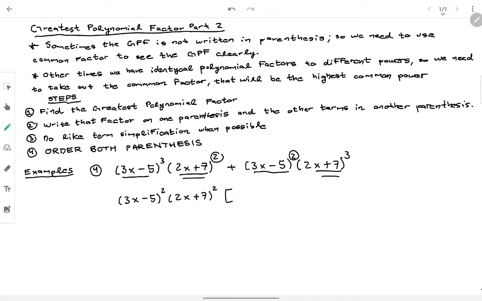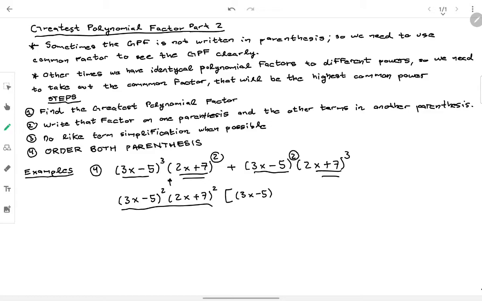Then I will open up a bracket or a parenthesis. In this case, for this term to become the first one, we only lack one parenthesis of 3x minus 5, because we have 3x minus 5 squared and we need 3x minus 5 cubed. We only need another 3x minus 5. 2x plus 7 squared is already 2x plus 7 squared, so we don't need anything.